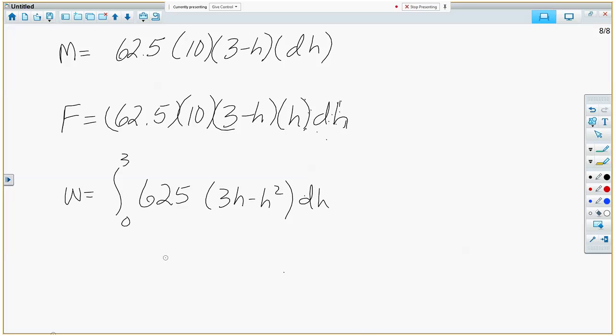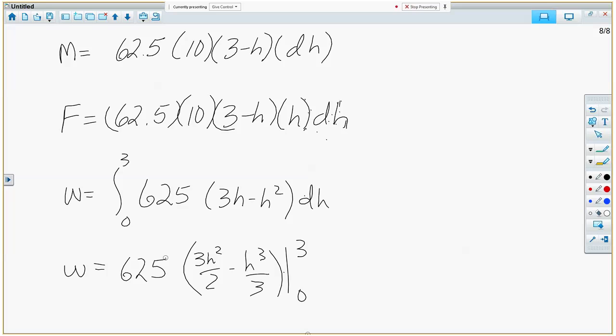All right. So what did y'all get? Let's see. W is equal to the integral of 625 times... that's going to be 3h squared over 2 minus h cubed over 3, evaluated at 0 and 3. I'll do 0 for y'all.